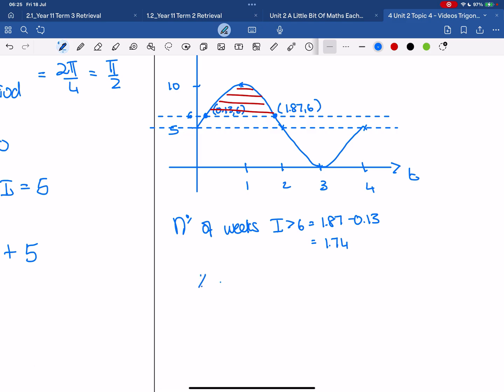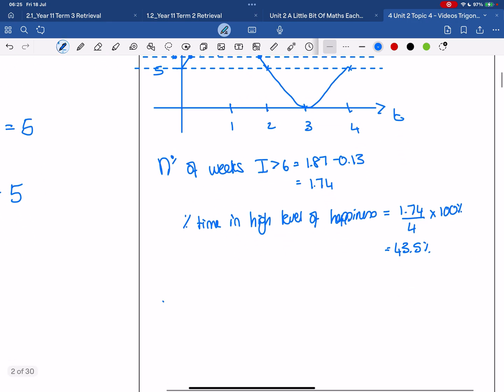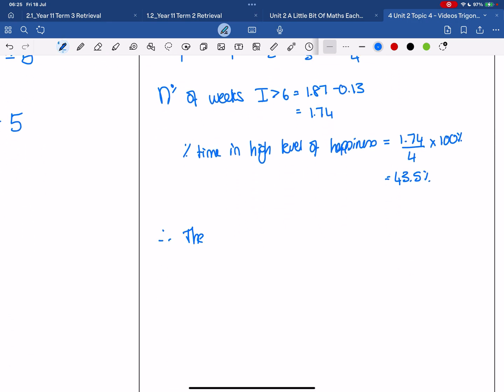So my percentage of time in my high level of happiness must be 1.74 out of my 4, and that's 43.5%. Okay, so therefore, the person is happy 43.5% of the time.